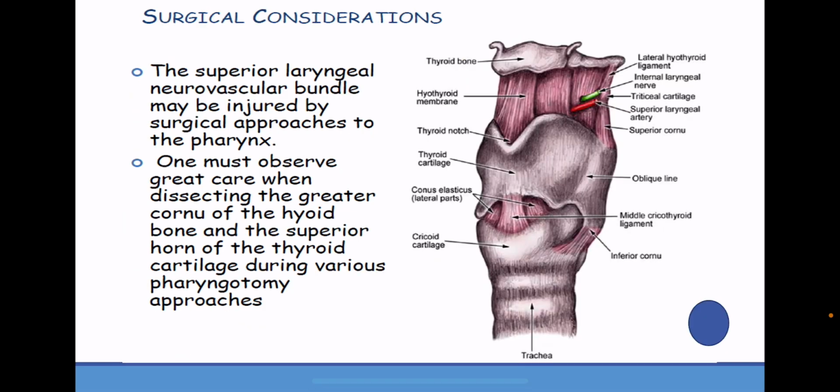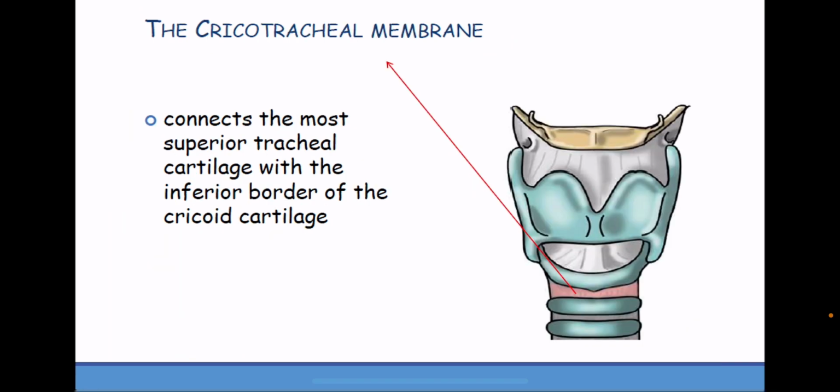In here, we also have a surgical consideration that the superior laryngeal neurovascular bundle may be injured by surgical approach to the pharynx. One must observe great care when dissecting the greater horn of the hyoid bone and the superior horn of the thyroid cartilage during various pharyngotomy approaches.